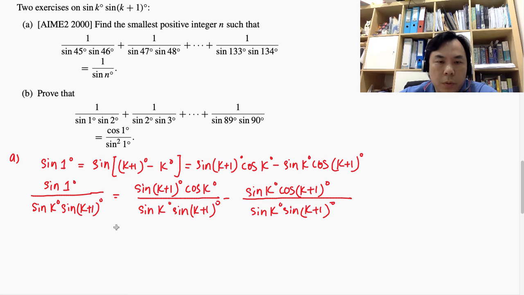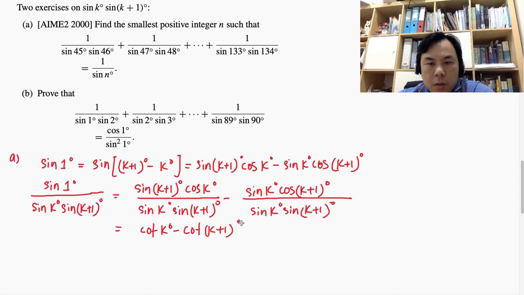Alright, so therefore we can simplify this as now that will be a cotangent, and then this one here you can see that there is also another cotangent. So that's one of our results that we can make use of because of the subtraction ability here.